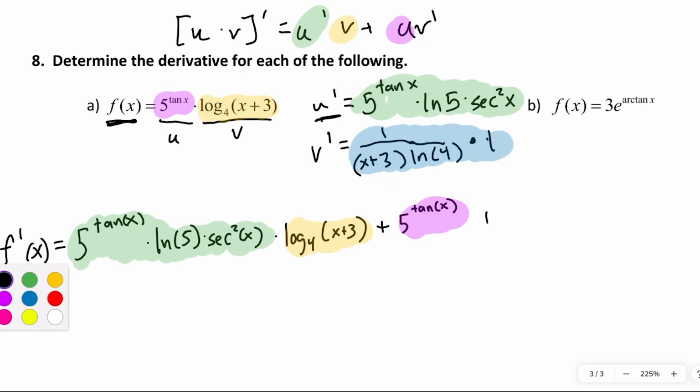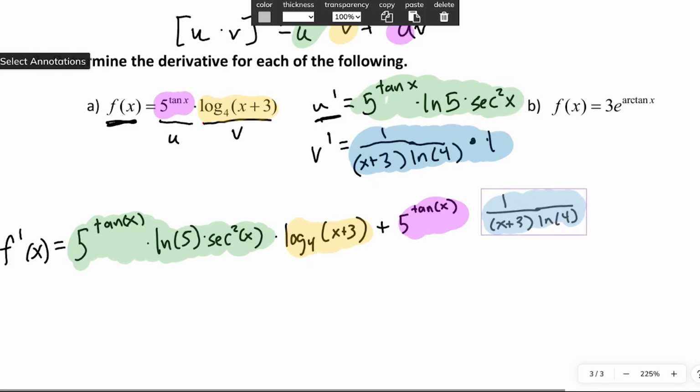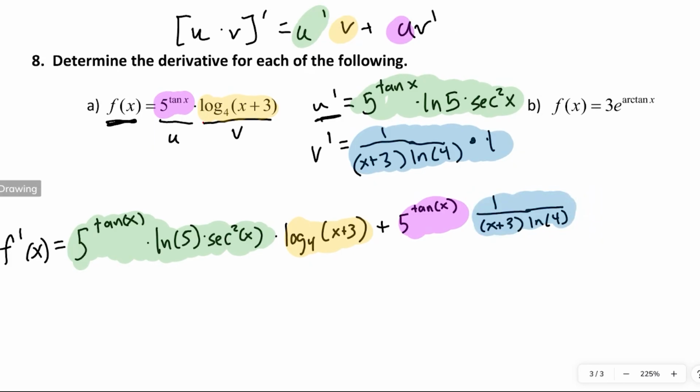So v prime is 1 over x plus 3 times the natural log of 4. So hopefully breaking it down like this will help you out. Wait a minute, that should not be plus, that should be times. My apologies. There are a lot of details here, as you can see. So it's going to be pretty easy to kind of mess some of that up.